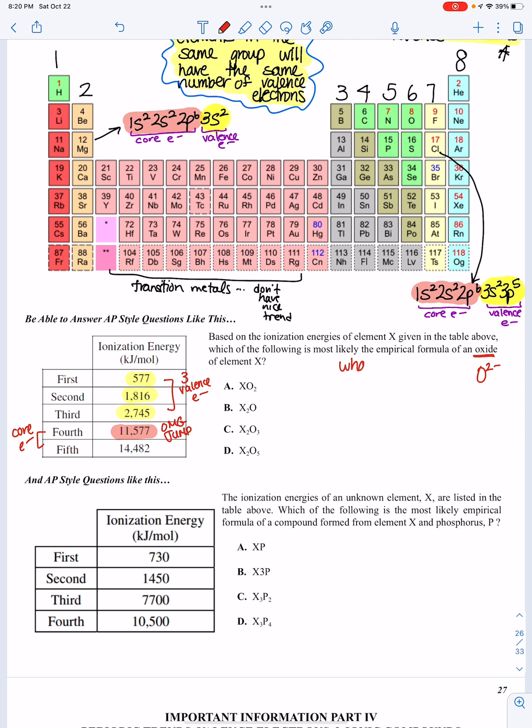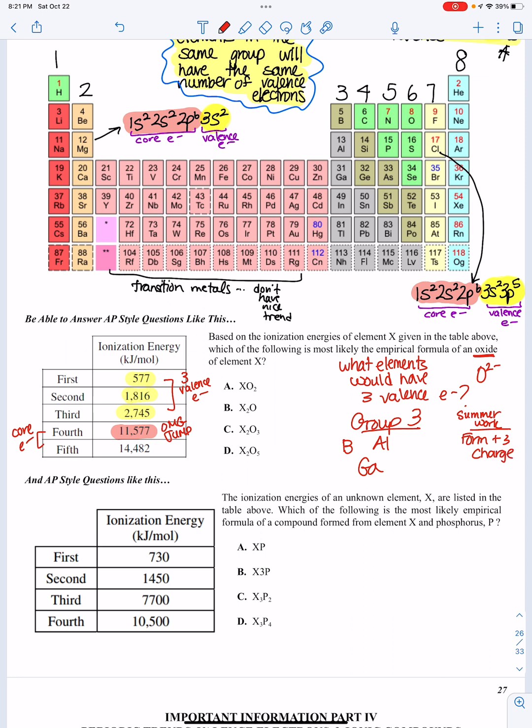What elements would have 3 valence electrons? Writing this down here. Well, that's anyone in group 3. So group 3. So that would be aluminum, you could do boron, you could do gallium. These are just examples. From our summer work, you need to remember that elements in group 3 form a +3 charge.